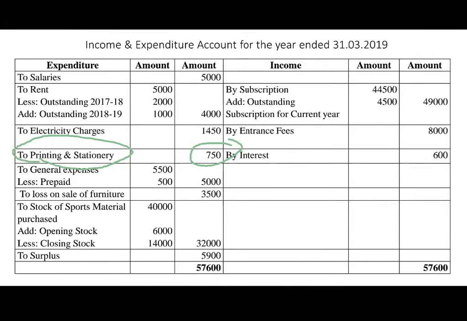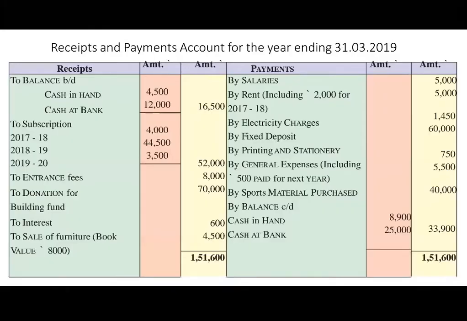Okay, now the next is by general expenses. Now there was no adjustment on general expenses below, right? But if you look at the side, it says including 500 paid for next year, which means this is an adjustment with the general expenses.